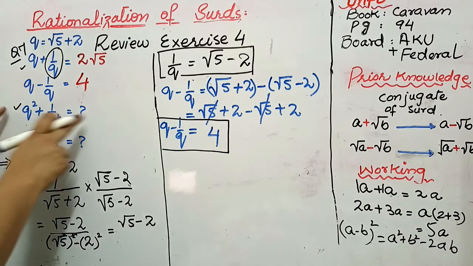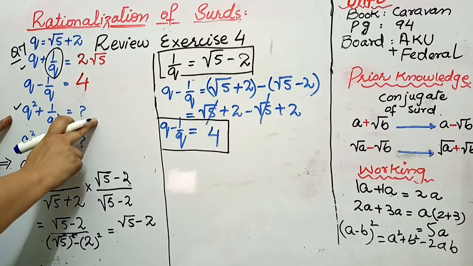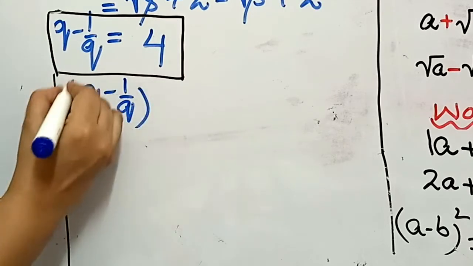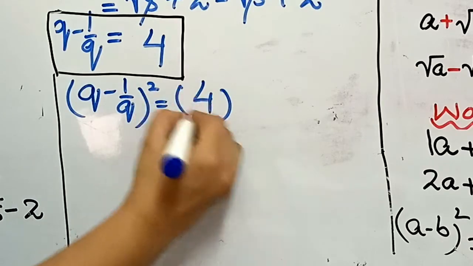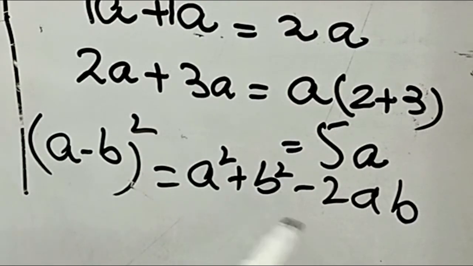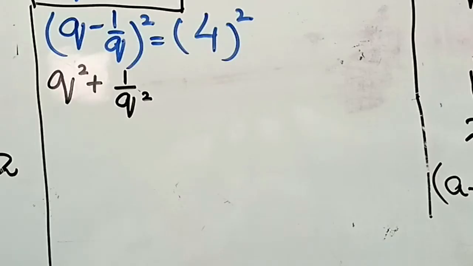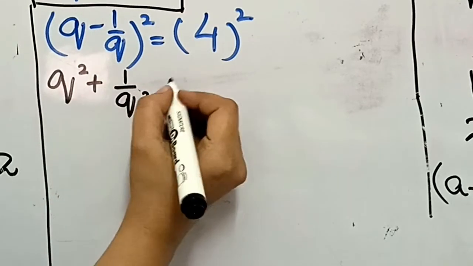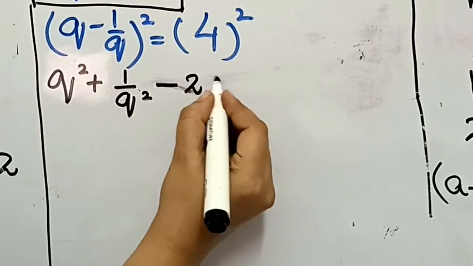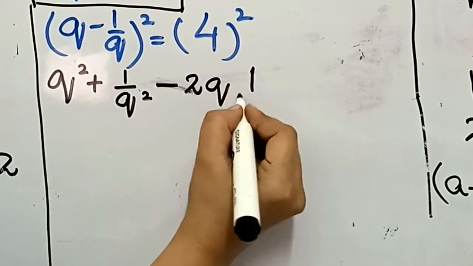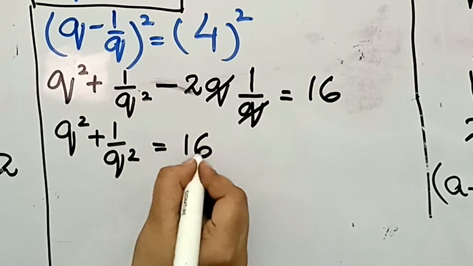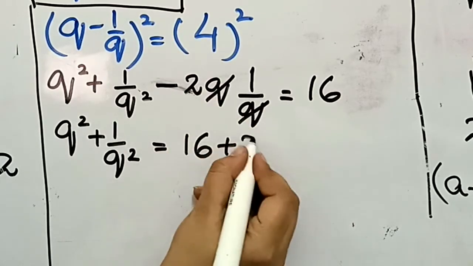Now we have to find out the value of Q square plus 1 upon Q square. So if I take square on both sides, as a minus b whole square is equal to a square plus b square minus 2ab, so here minus 2ab will come. In the place of a there is Q, in the place of b there is 1 upon Q. These will cancel, equal to 16. The remaining 2 here will become plus 2.